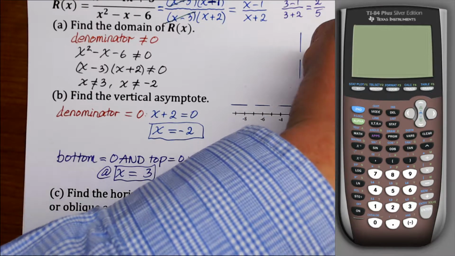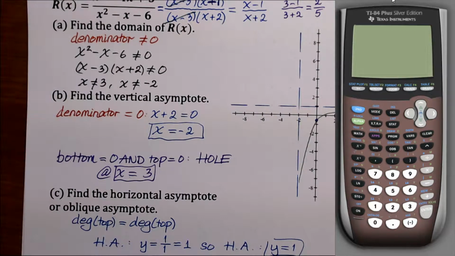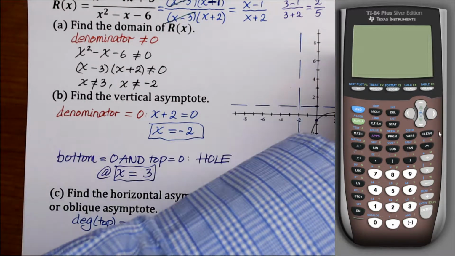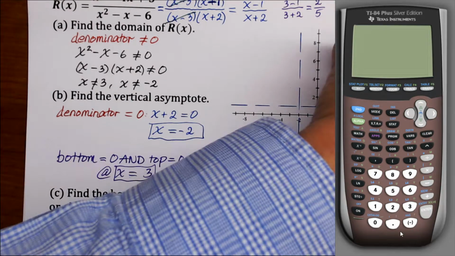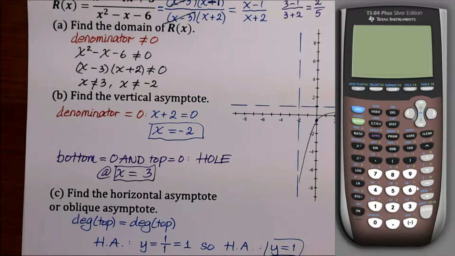We know that when x equal to 3, that is a hole. So when x equal to 3, if we put that in here, 3 minus 1 over 3 plus 2, that's going to be 2/5. So it's going to be this point.